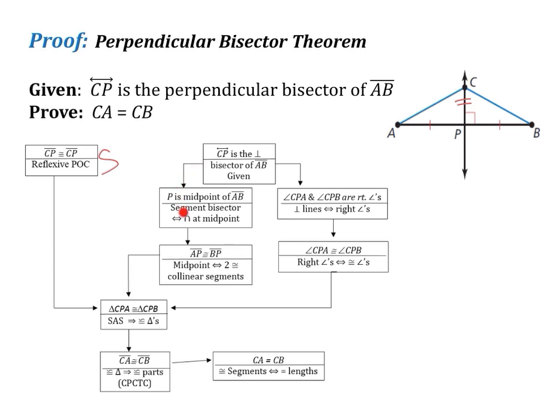So let's follow this first conclusion. We can conclude that P is the midpoint of AB because segment bisector implies intersecting at midpoint. And because we have a midpoint, that helps us conclude that segment AP is congruent to segment BP, because midpoints imply two congruent collinear segments. So here's a pair of sides. And then our second conclusion from our given is that angles CPA and CPB are right angles because perpendicular implies right angles, and that allows us to conclude that the angles are congruent.